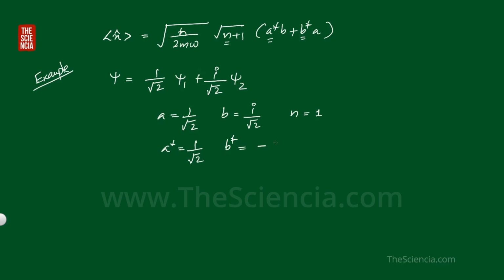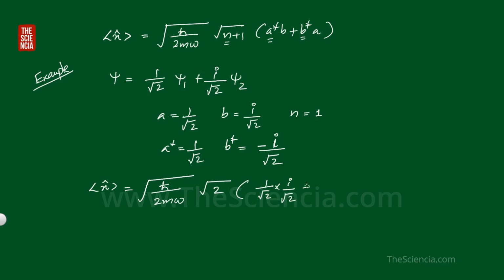So when we are taking the conjugate, it becomes minus i by root 2. Now we have to substitute these values in the expression. The expectation value of x is equal to root of h cross by 2m omega, root n plus 1, where n equals 1, so n plus 1 is 2, into a star, which is 1 by root 2, into b, which is i by root 2, plus b star, which is minus i by root 2, into a, which is 1 by root 2.